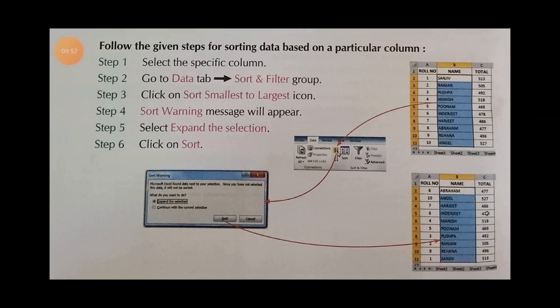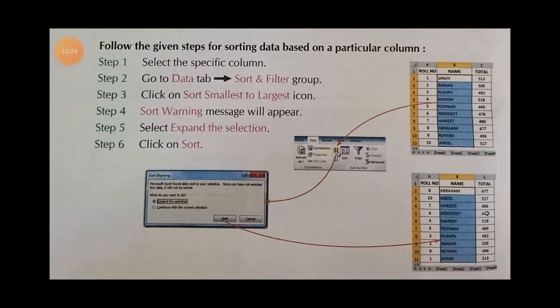The next, what are the steps for sorting data based on a particular column? How can you sort your data? See the picture. One small figure is there, there is A to Z and Z to A, near the sort option or in the sort option itself.